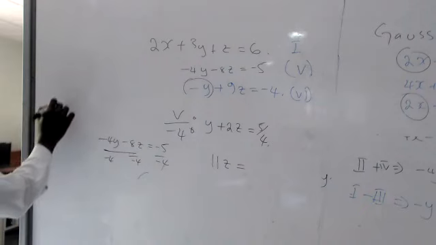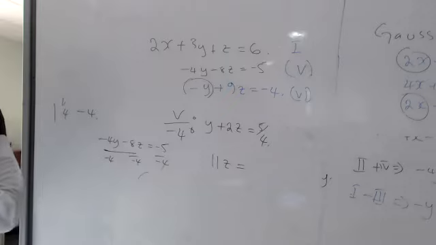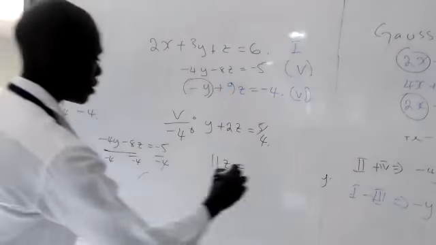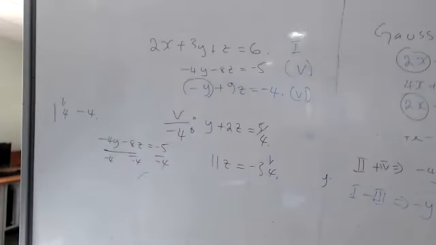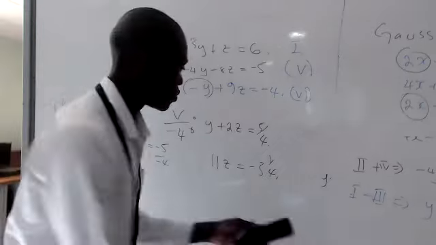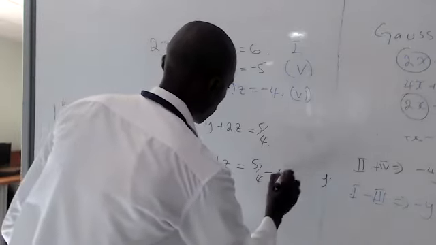So this should be 1¼ minus 4, so -3¼, something like that. To be safe, let me just write 5/4 minus 4.